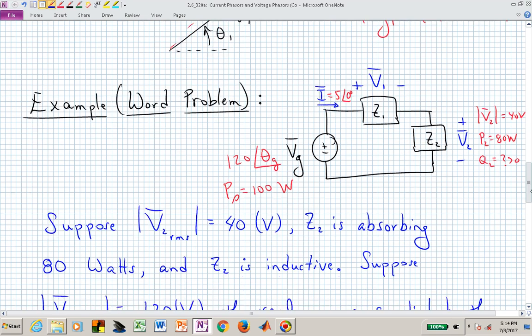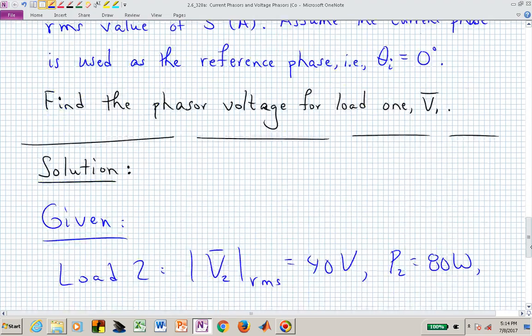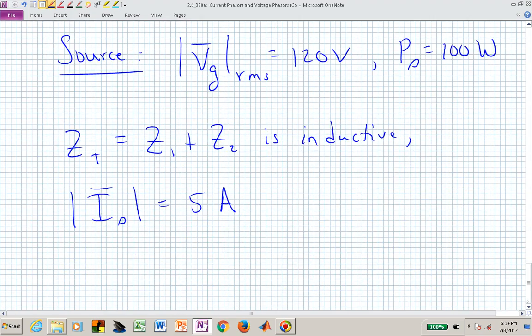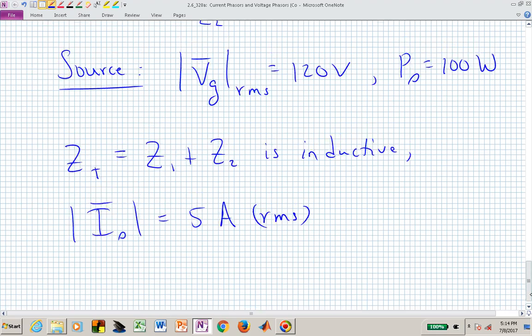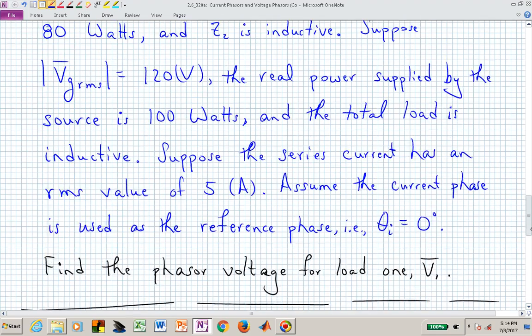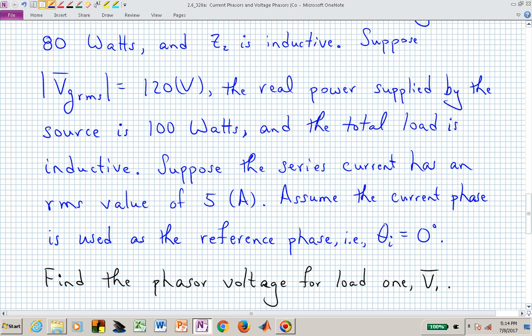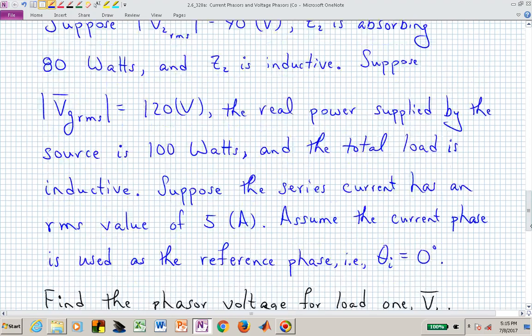So now we know the magnitude of the current going through all three of those devices. And what we want to do, did I make that clear? We want to actually find the phasor voltage for load number 1. Maybe I didn't say that before, but it's here now in black. We want to now find V1.